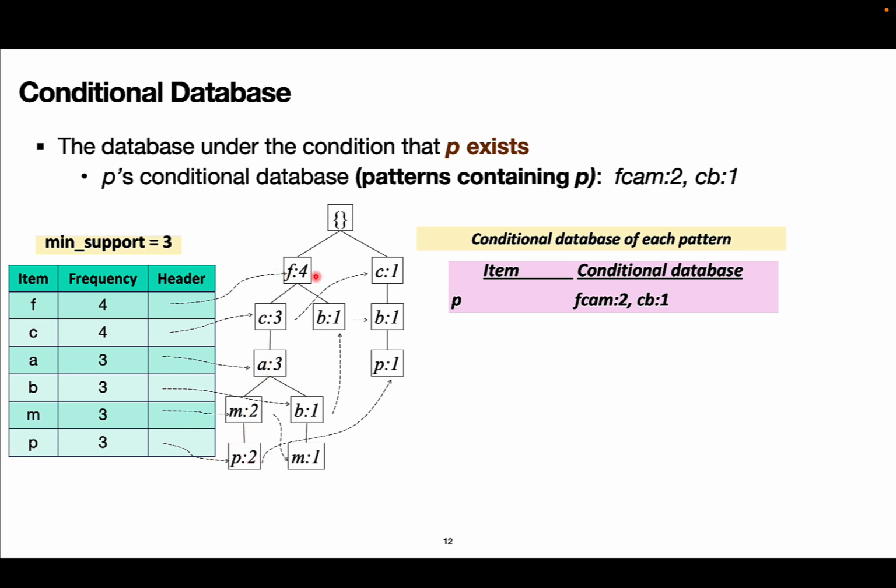So here we have FCAM, and notice that we write it from the item set that has highest frequency to the lowest frequency, and we record the frequency at the end of the path. So for P, the conditional database consists of two patterns, FCAM with 2 and CB with 1.